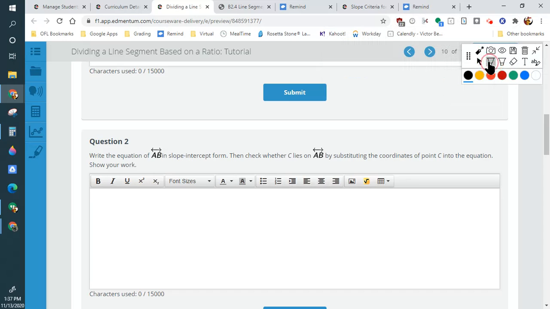If you don't remember point slope form, that's y minus y1. That just means any y. In this case, I'm just going to use y of a. The regular slope form is this, over x minus x2. Now, one thing that you're going to need here is the slope.